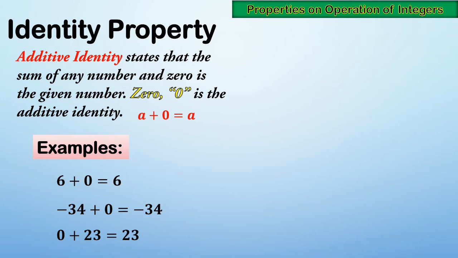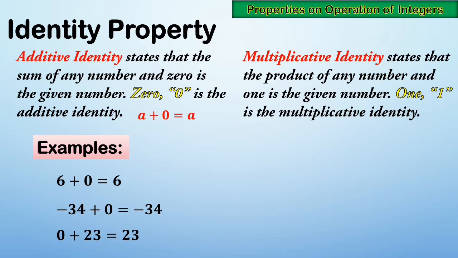That is identity. Multiplicative identity states that the product of any number and 1 is the given number. 1 is the multiplicative identity. Magkaiba sila sa additive. Okay? Kung si additive identity is 0, ang multiplicative identity is 1. Para ka lang nanalamin.